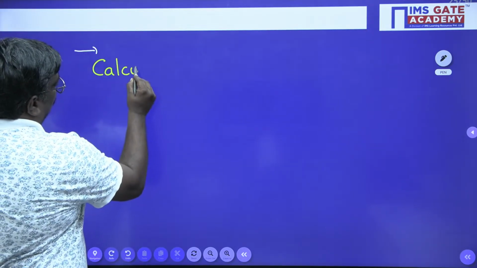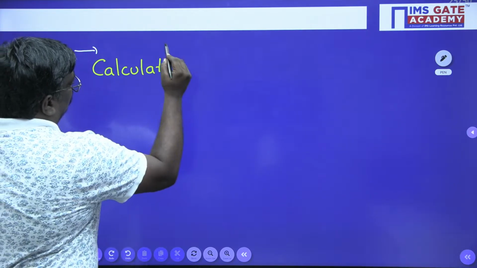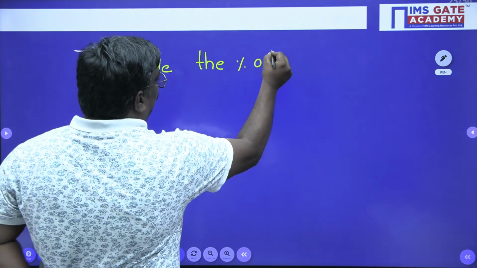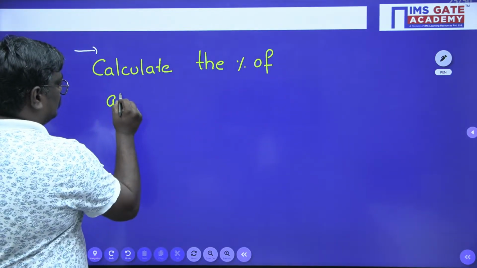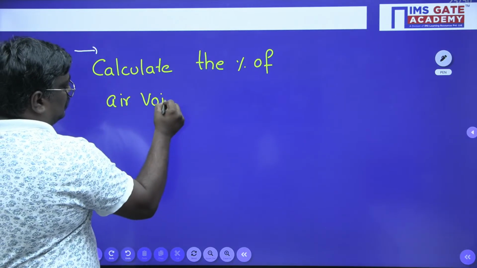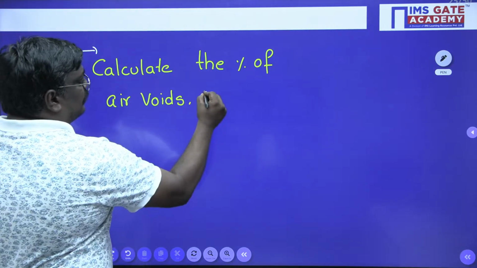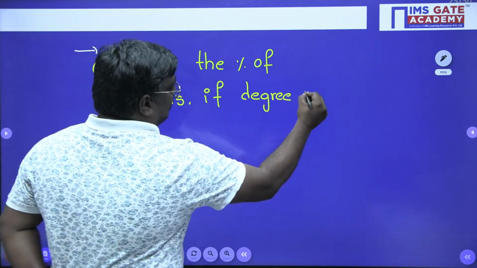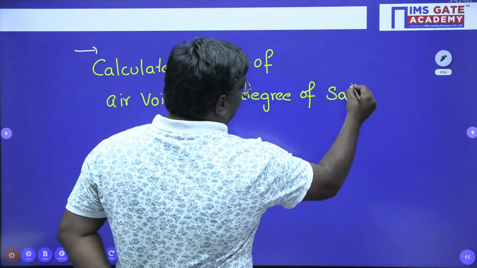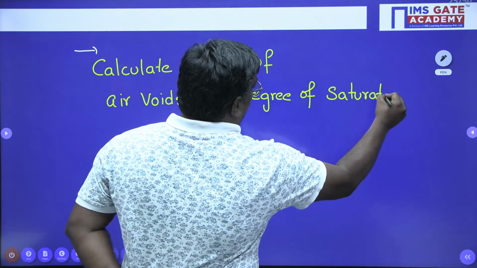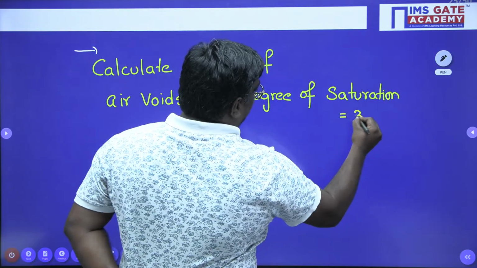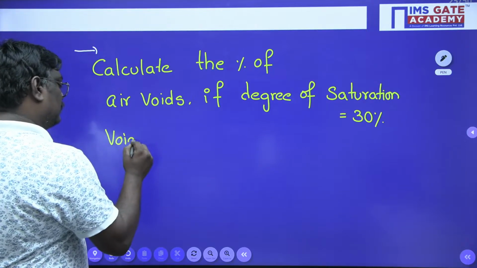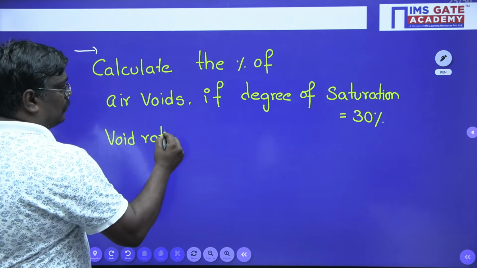Calculate the percentage of air voids if the degree of saturation is 30 percent and the void ratio is 1.